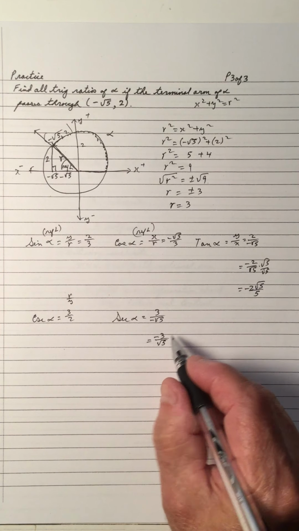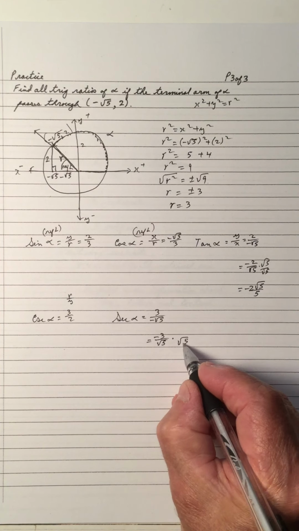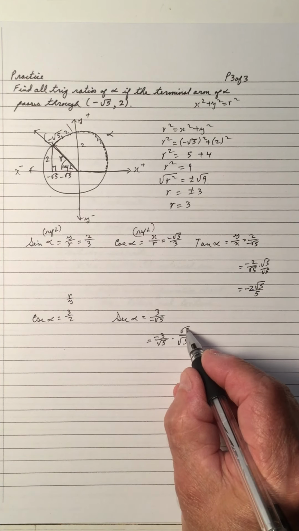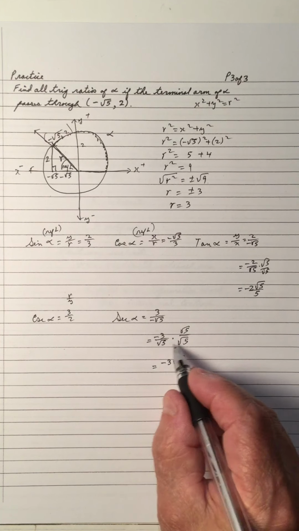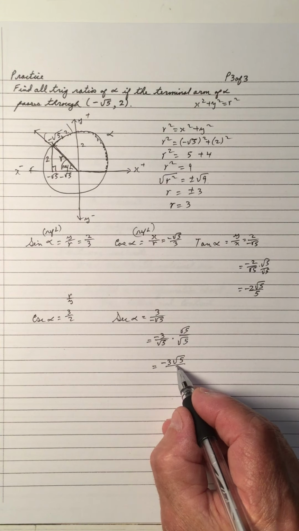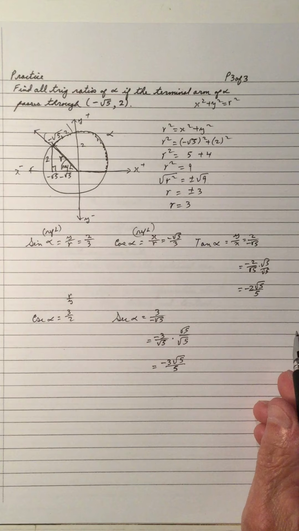And we also rationalize the denominator by multiplying both by root 5. So that gives us a negative 3 root 5 on the top, and the denominator, root 5 times root 5, becomes the root of 25, which is 5.